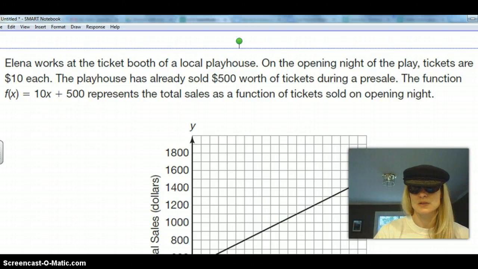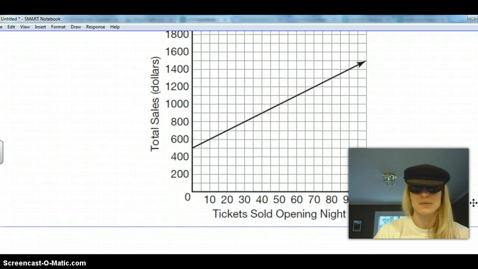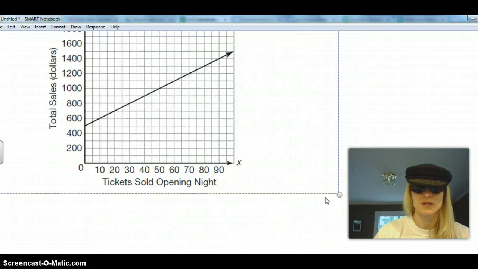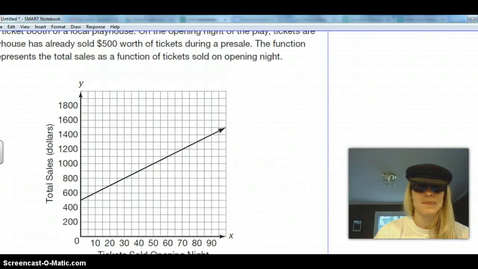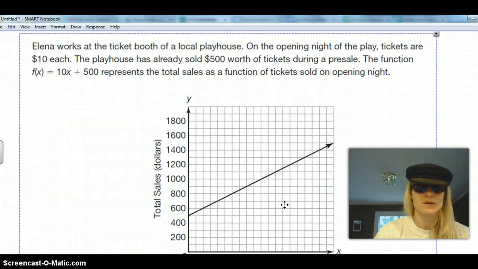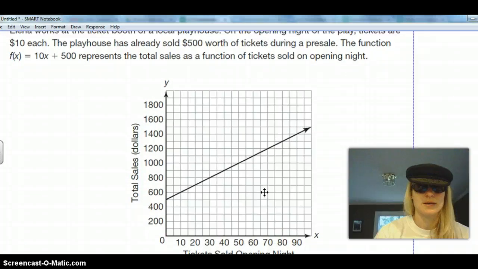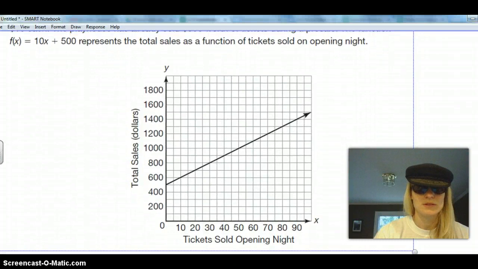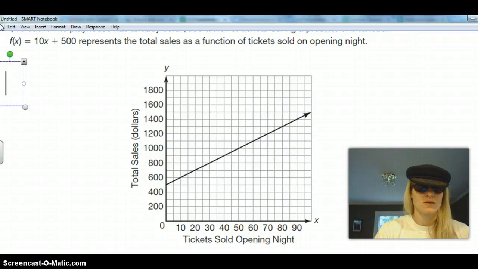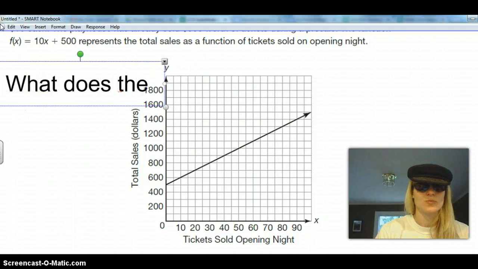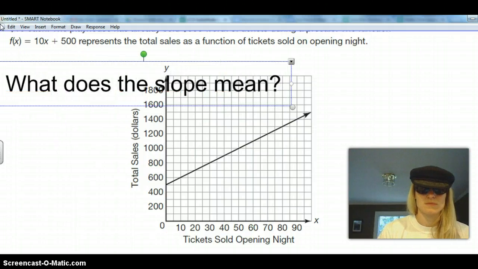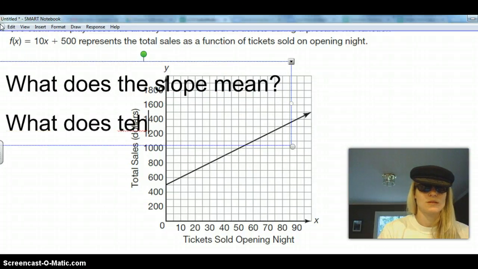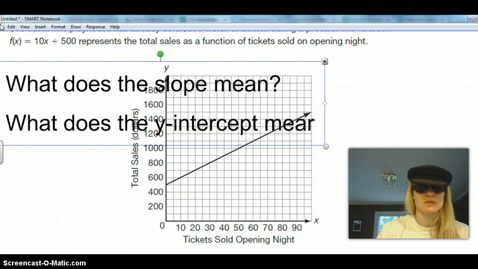So you're going to look at your graph here. Again, hopefully my head is not in the way. So you're going to look at this again. And then I want you to be able to tell me a couple of things. What does the slope mean? What does the y-intercept mean?